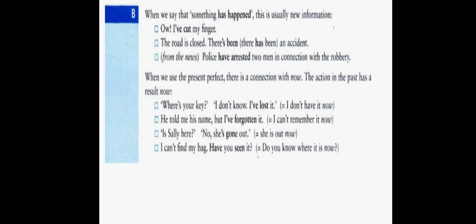So it becomes a past action. But if she is still out, she didn't come back, so we say she has gone out. The action is in effect until now.